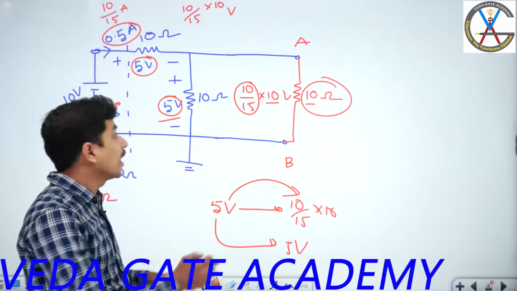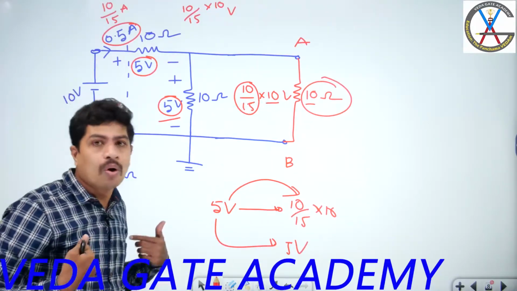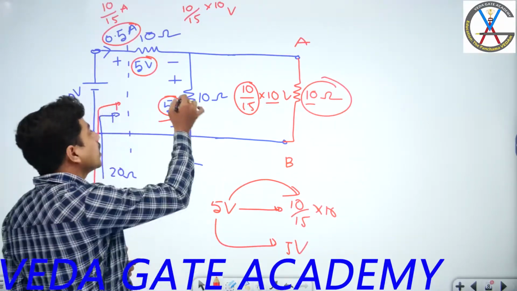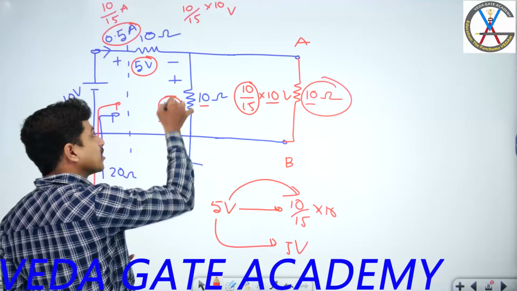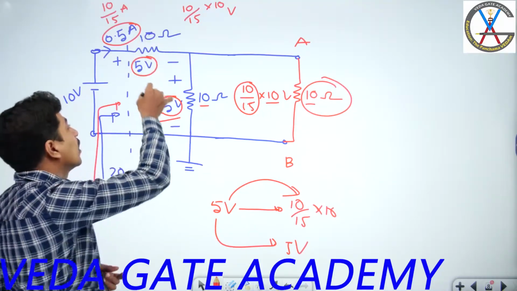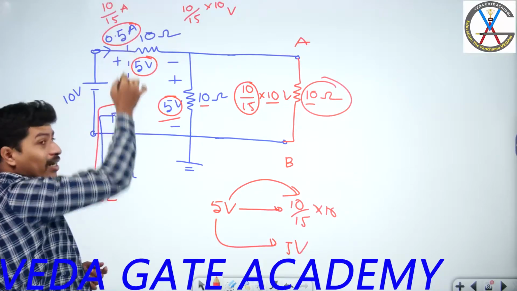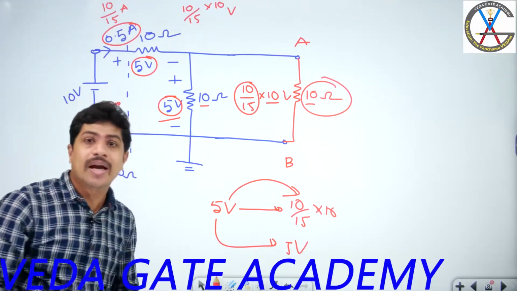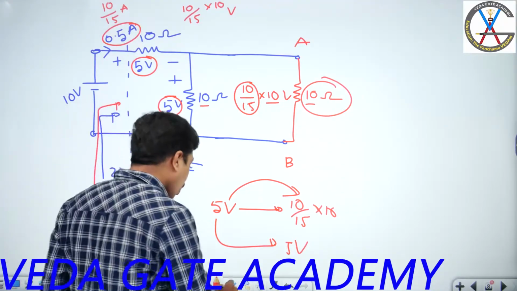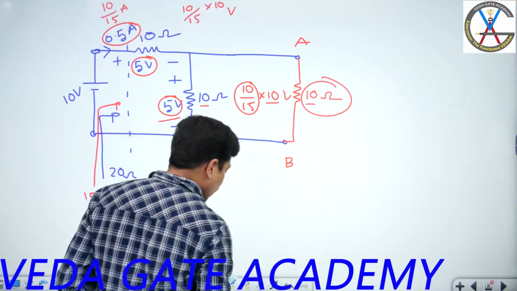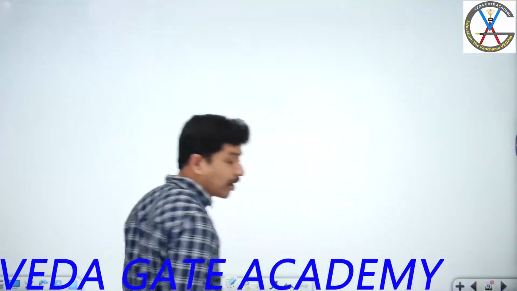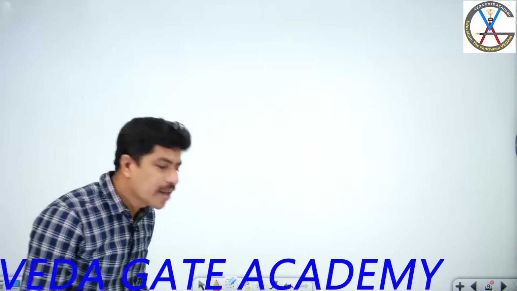But even after connecting this 10 ohms, I want the voltage across this 10 ohms to remain as 5 volts, and the current in the circuit to remain as 0.5 amperes. I want that. How to do that? Let's see. Connect an ideal voltage buffer to avoid loading effect.